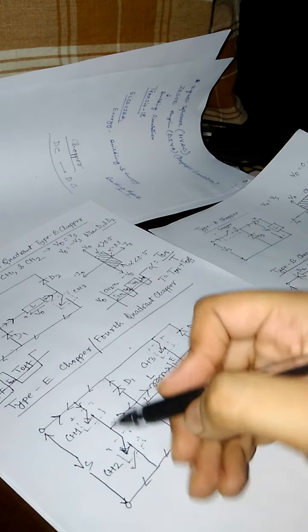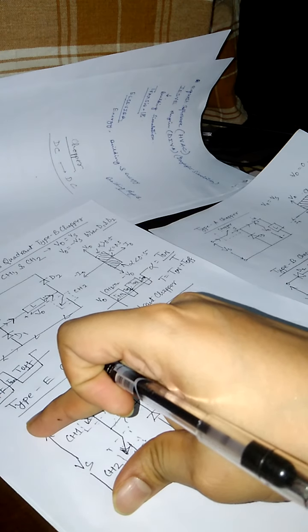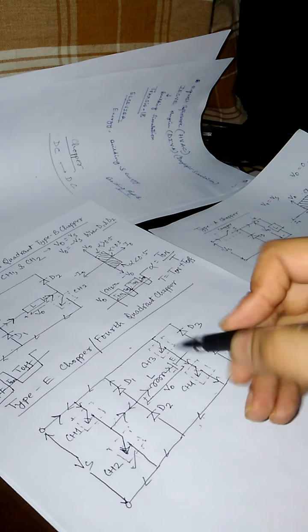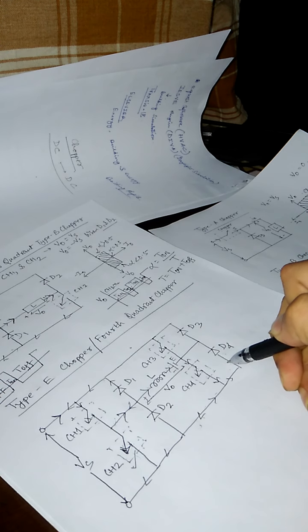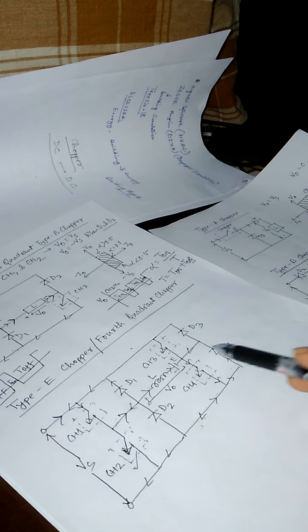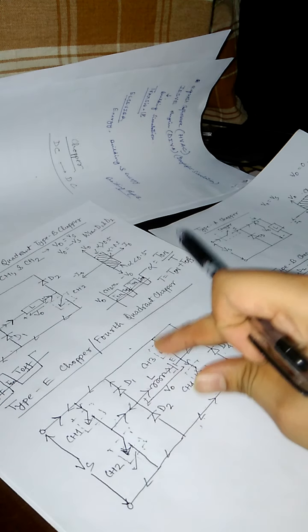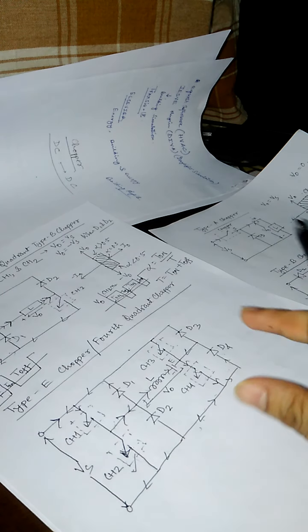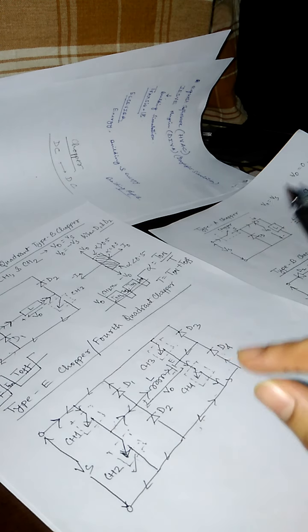So what will happen? Now the current from the source side is going through the load in this direction. So the load is fed from the source, but the source voltage polarity is going to be reversed.